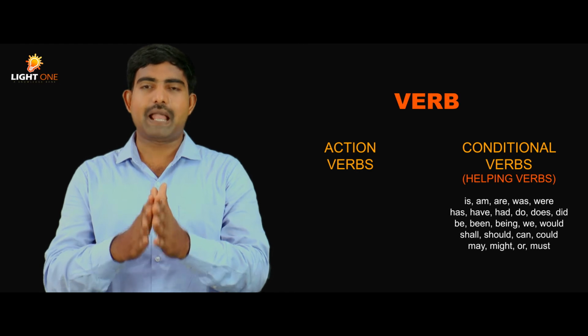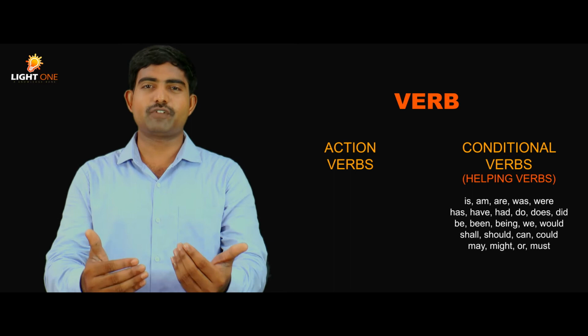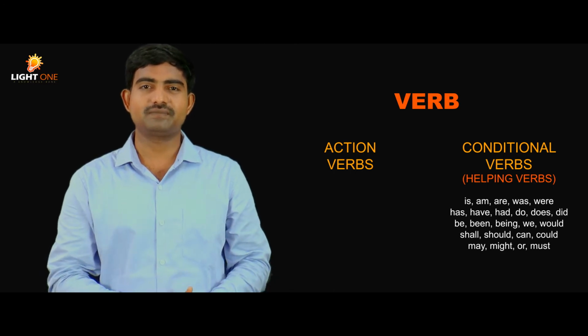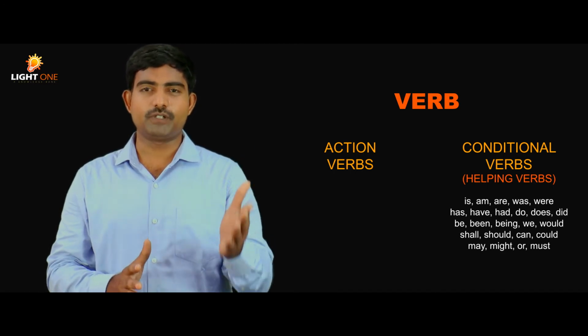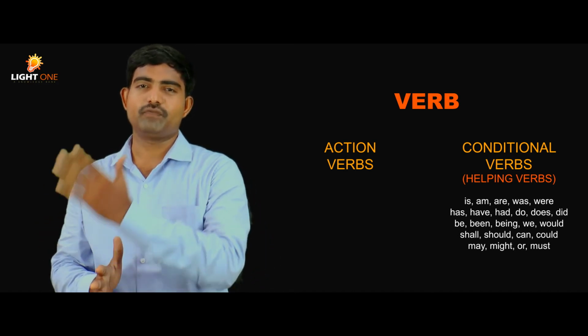And an action verb has 4 conjugations. I mean, every action verb has 4 conjugations, namely V1, V2, V3 and V4.